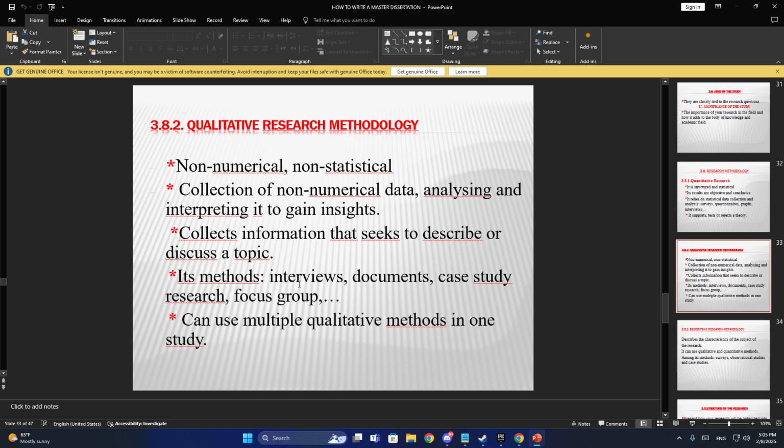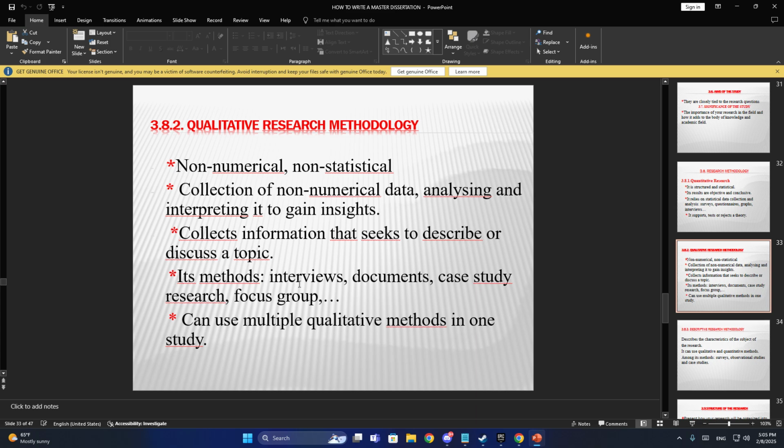The qualitative research methodology is non-numerical and non-statistical. It means contrary to the quantitative research methodology. It is based on the collection of non-numerical data, analyzing and interpreting it to gain insights.